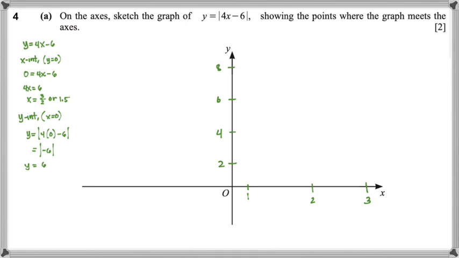Okay, now we can plot the points. So we have 0, 6. From this point, let's make it a bit larger. So there, 0, 6, and 1.5, so it's in the middle of 1 and 2.